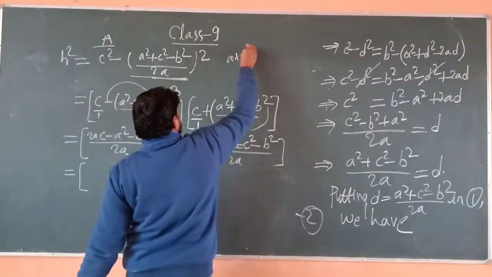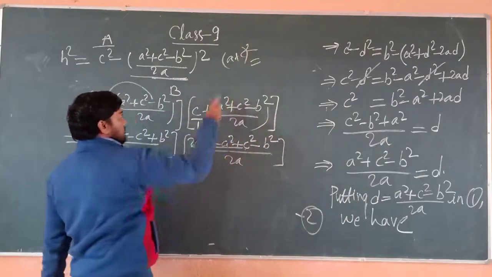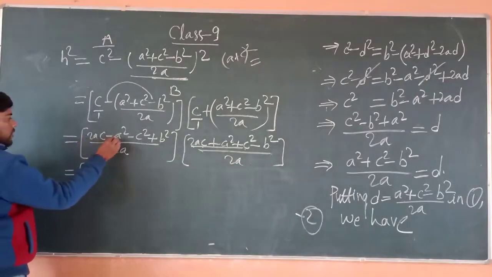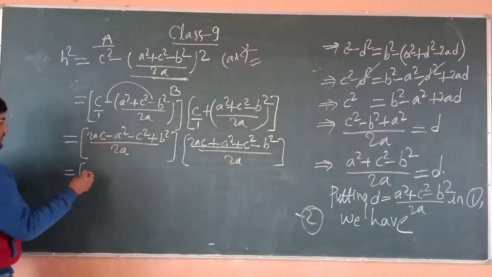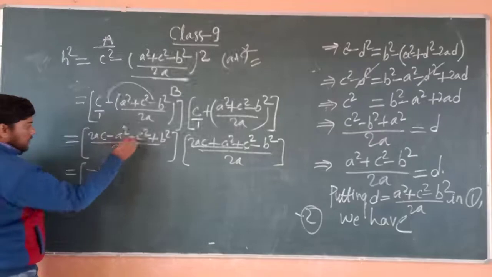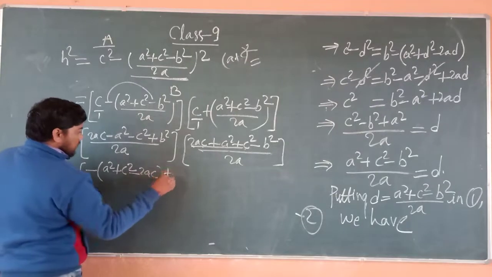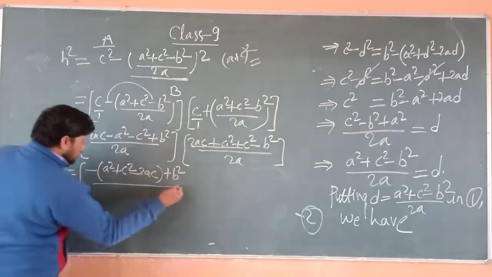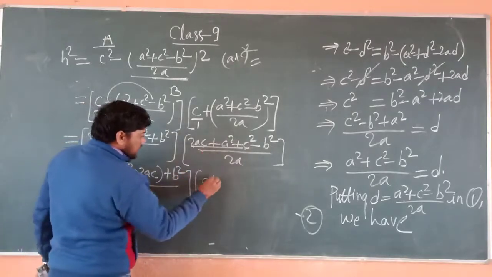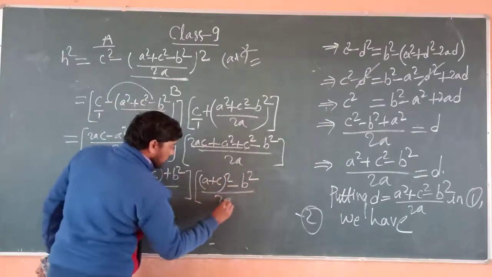A plus C to the whole square is equal to A square plus 2AC plus C square. And there is 2AC minus A square minus C square, so minus take as common out, then A square plus C square minus 2AC plus B square upon 2A. Then A plus C to the whole square minus B square upon 2A.